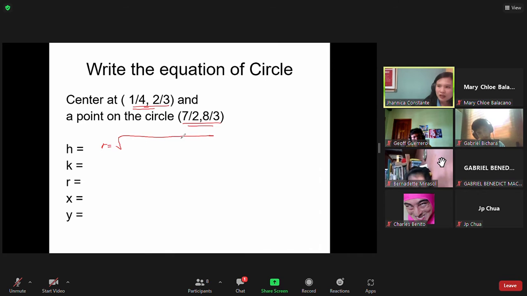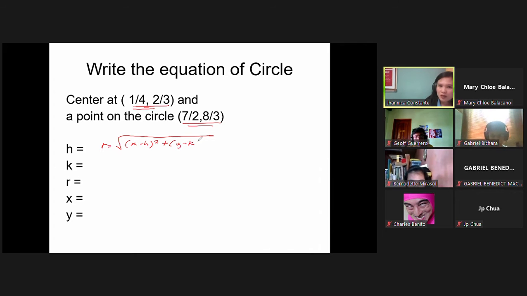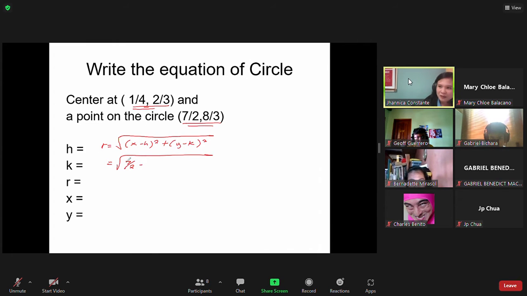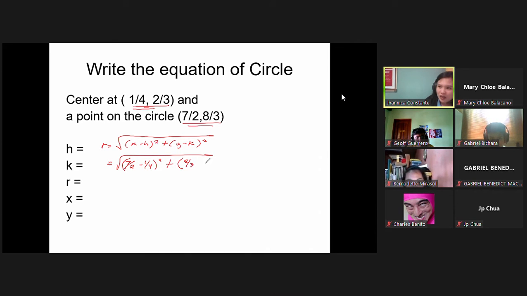Using the formula for radius, which is the square root of x minus h squared plus y minus k squared. So x is equal to 7/2 minus 1/4 squared, plus y is 8/3 minus the k, which is 2/3 squared.